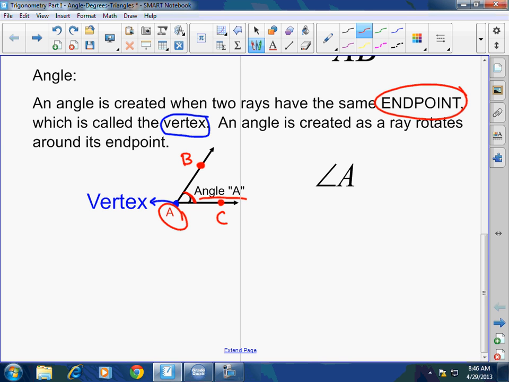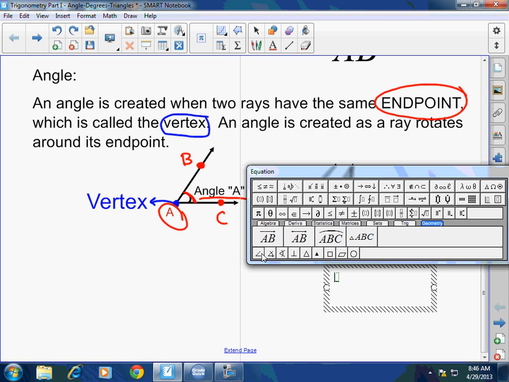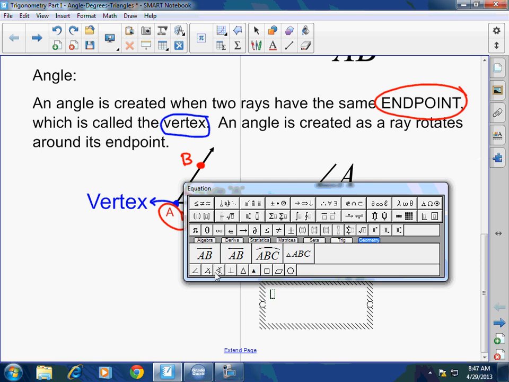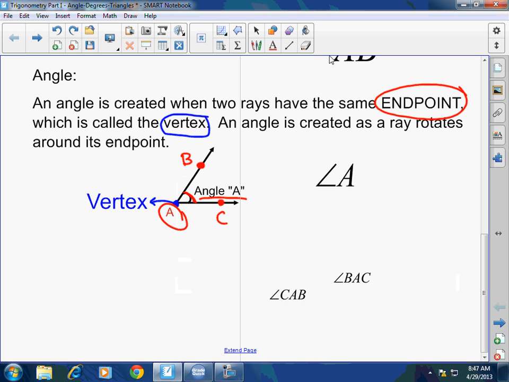You can have angle A, or you can write this as angle BAC, or as angle CAB. So there are three ways really to write any angle, not just this angle here.